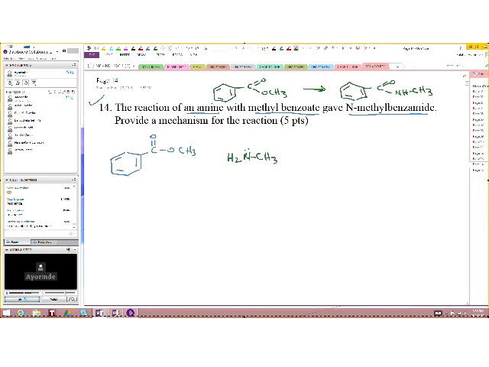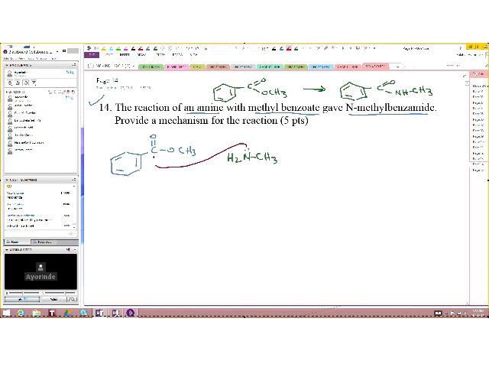So what is the first thing we need to do here? Anybody has an idea? We have a carbonyl. The amine will be acting as a nucleophile. Okay, attack. Very good. The nucleophile will attack the carbonyl.